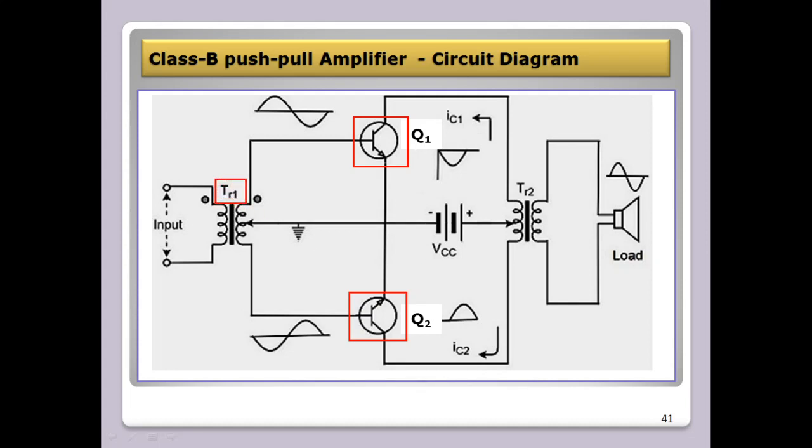Transformer 1 is at the input side with a center-tapped secondary, and transformer 2 is at the output side, again a center-tapped primary with the secondary connected to the load.